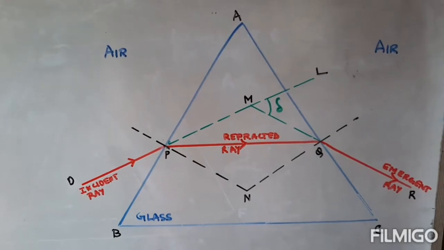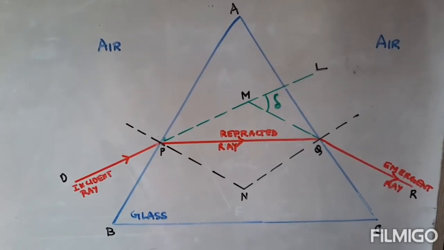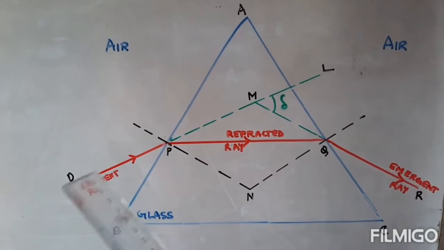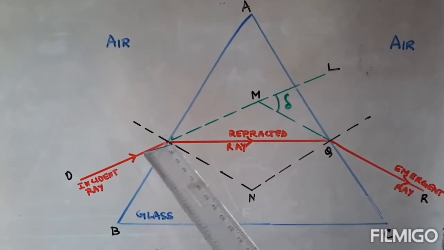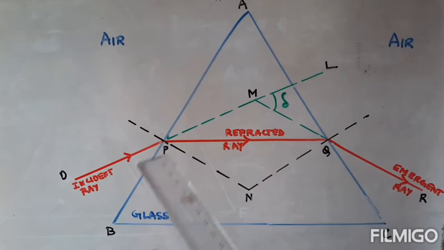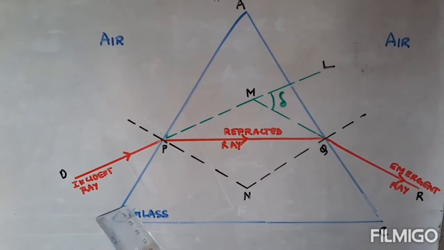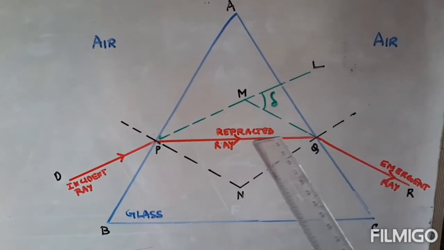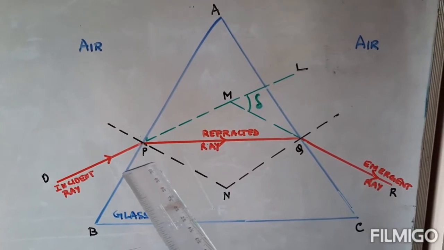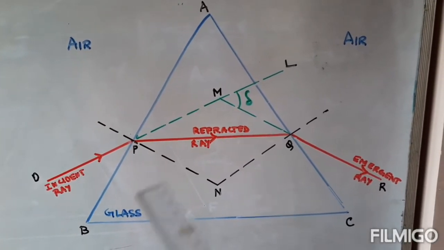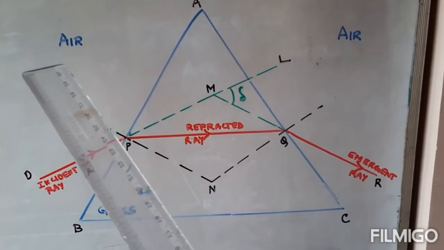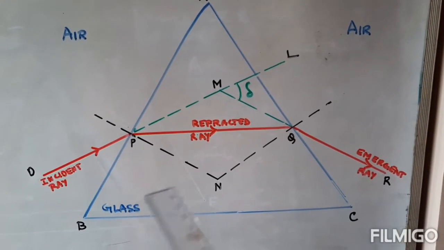In this principal section of a prism, OP is the incident ray which strikes the refracting surface AB, gets refracted. The refracted ray is PQ when it is entering from air to glass.